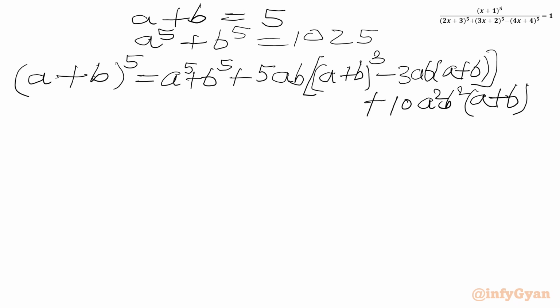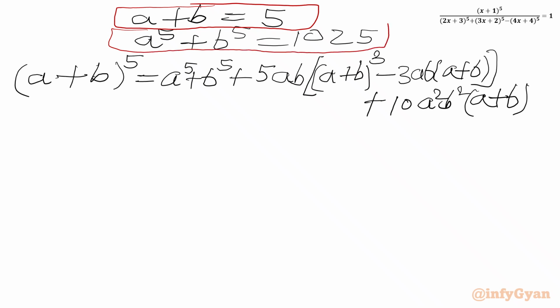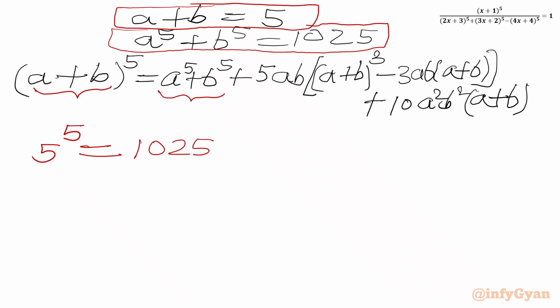Now we will apply all the known values. Our first equation is A plus B equal to 5. The second equation is A power 5 plus B power 5 equal to 1025. So here I will write 5. LHS will become 5 power 5, equal to A power 5 plus B power 5, which is 1025, plus 5AB in the bracket (A plus B) whole cube. So I can write 5 cube minus 3AB times 5.